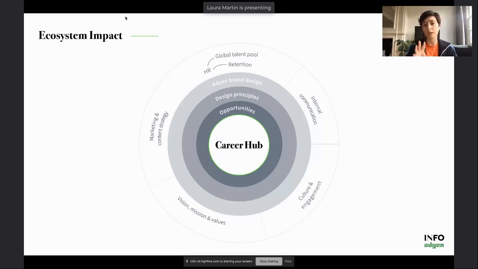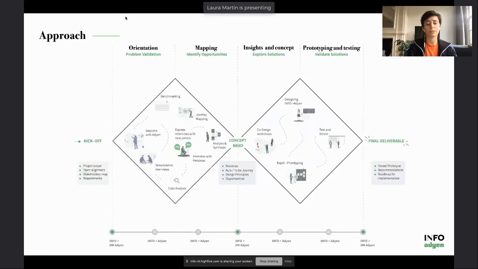And with this holistic mindset in mind, when we defined the approach, we knew that a service design mindset was needed. So in terms of process, you can see right now in this slide that we had a double diamond, of course, adapted to the challenge and adapted to the level of information and understanding. And this was followed by an agile implementation in which we also took part.